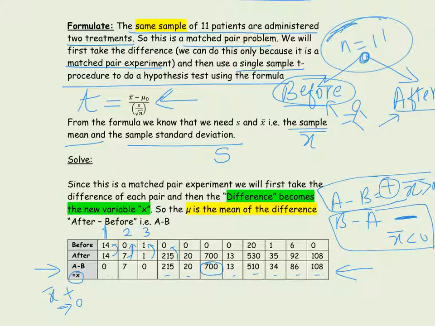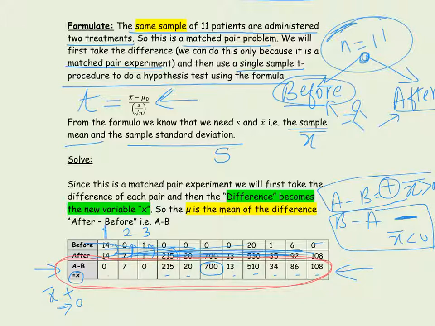Once we take the difference, we don't need these 2 rows anymore. We can ignore this completely. All we need is the new row that we created. This is going to be used in our calculations.